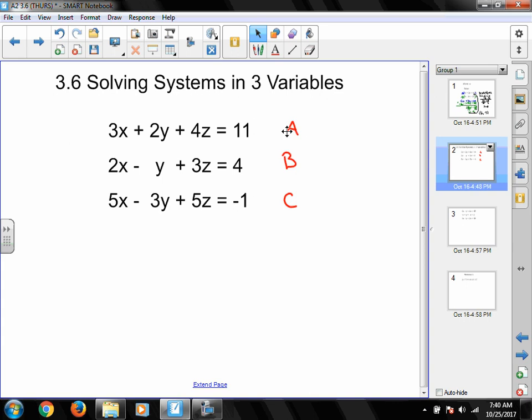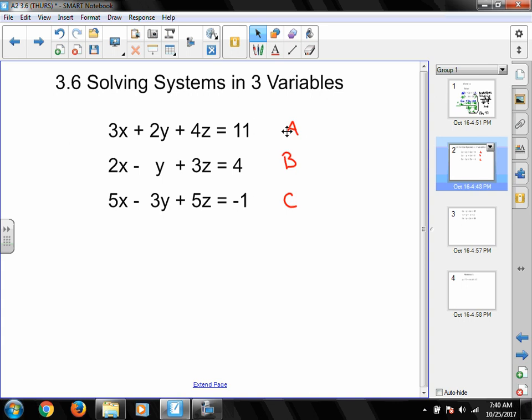If I look at particularly A and B, so far I've only talked to you guys about solving systems of equations with two variables, x and y. Even if I called that y a z, it would still follow the same process.